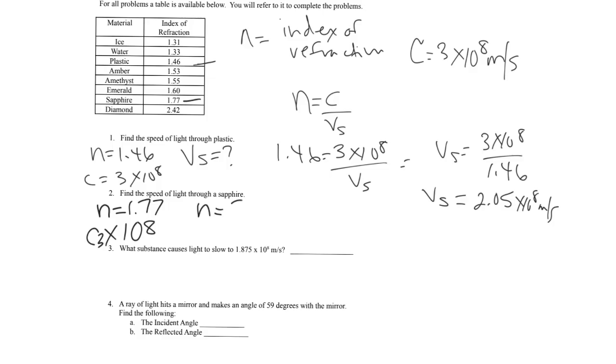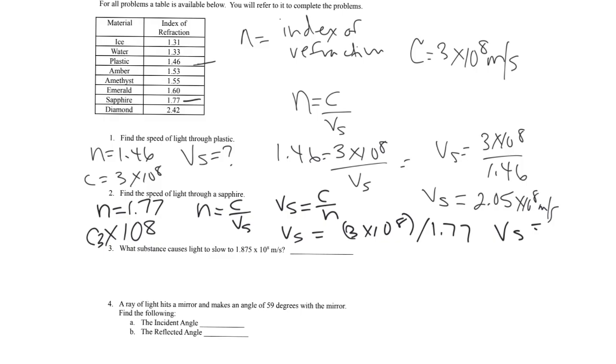N equals C over Vs. We're solving for Vs, so that's going to make it Vs equals C divided by N. Vs will equal 3 times 10 to the 8th. Don't forget those parentheses. Divided by 1.77. And Vs will equal 1.69 times 10 to the 8th meters per second.